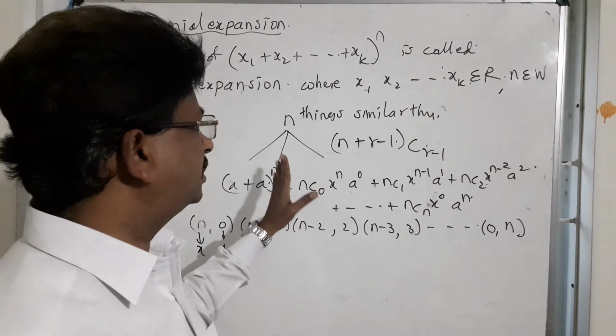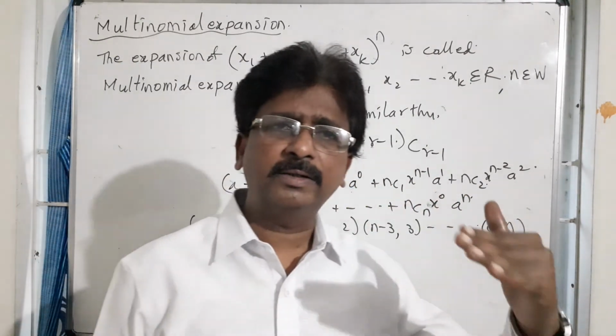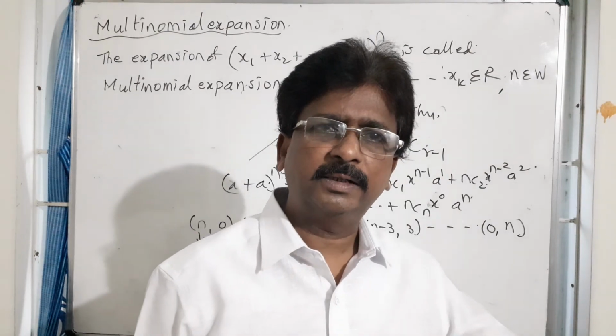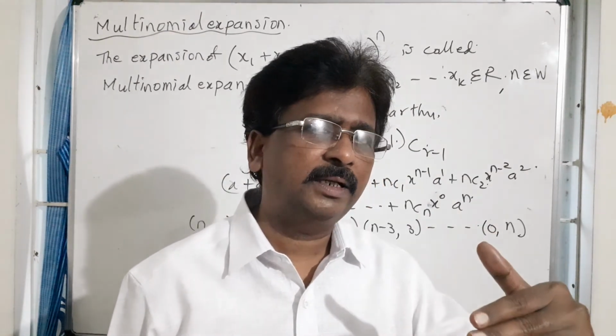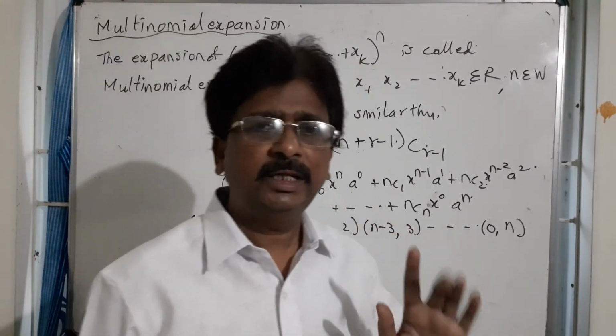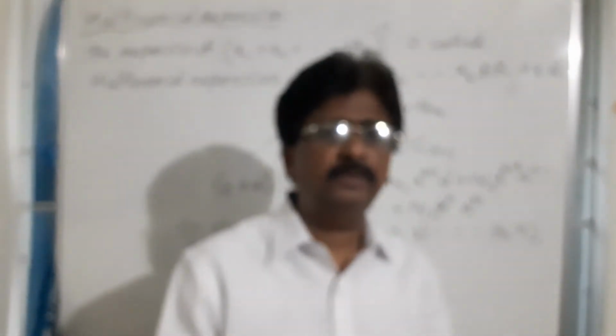So the same type of concept can be applied to the multinomial expansion. In the multinomial expansion, how many persons are there? k persons are there. In how many ways can all the n things be given to them?